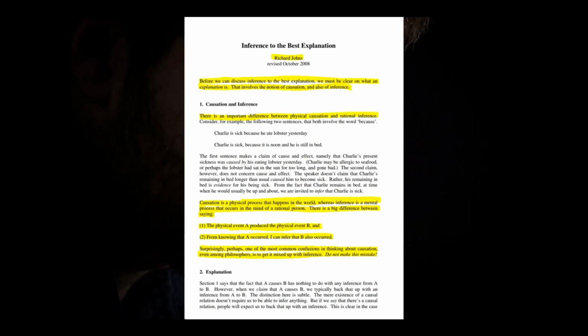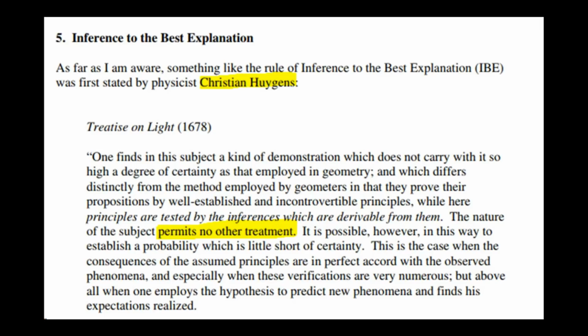Surprisingly, perhaps one of the most common confusions in thinking about causation, or even among philosophers, in this case Rumpus, is to get mixed up with the inference. Do not make this mistake. Talking about you, Rumpus.